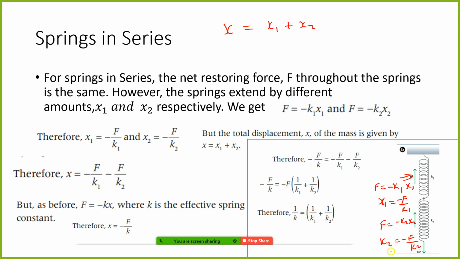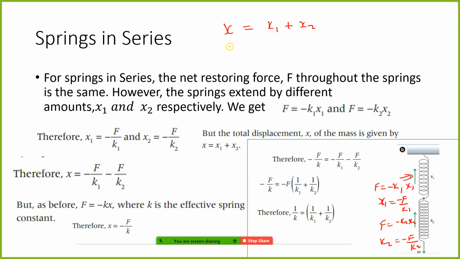So what I'm doing now, I'm going to take those displacements or those extensions for spring 1 and spring 2 and pretty much find the total displacement. So whenever you're dealing with springs in series, we're looking at the total displacement. Whenever we're looking at springs in parallel, we're looking at the total net force.